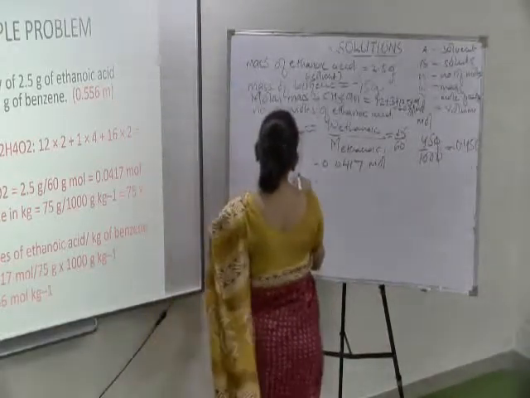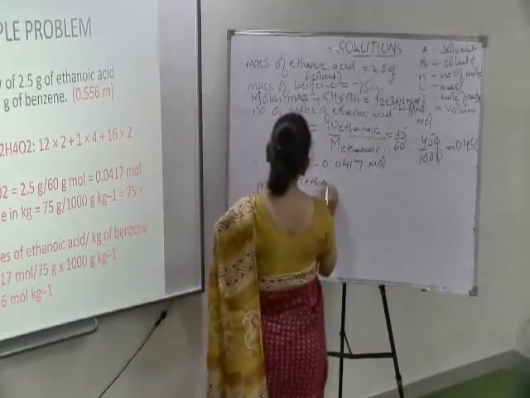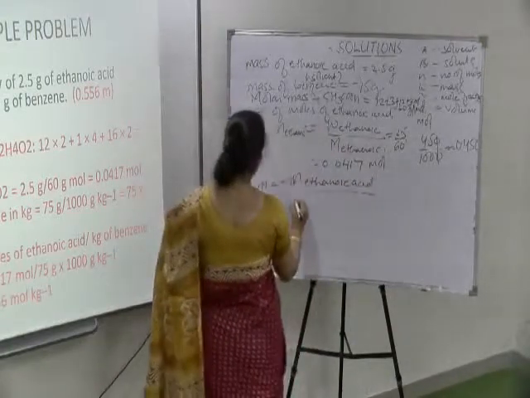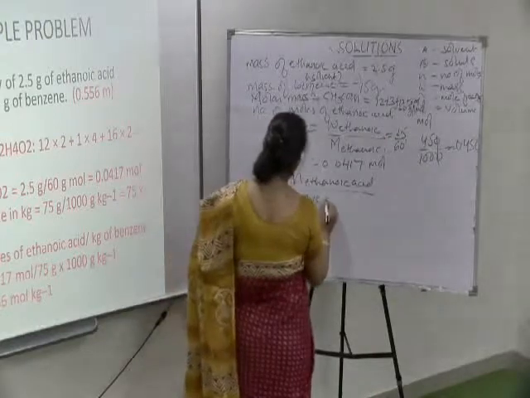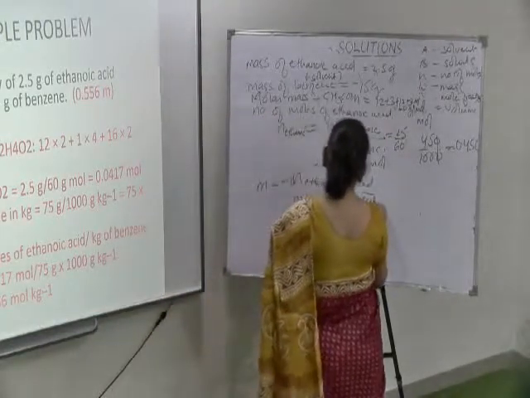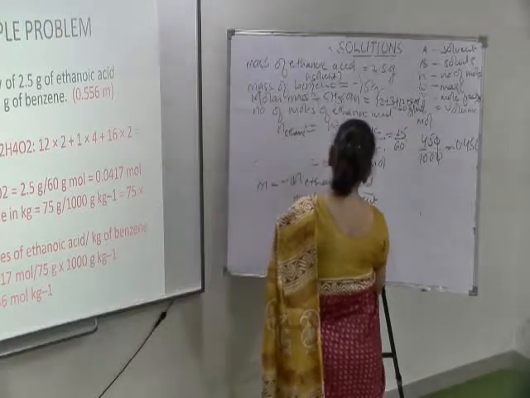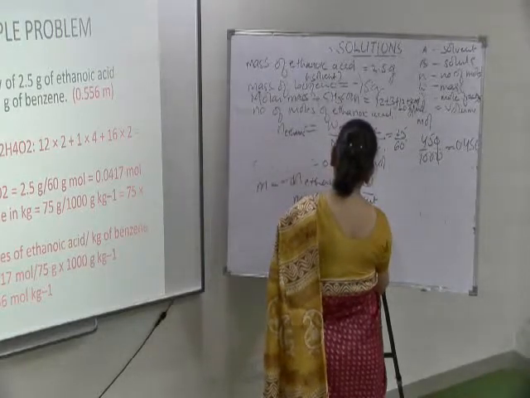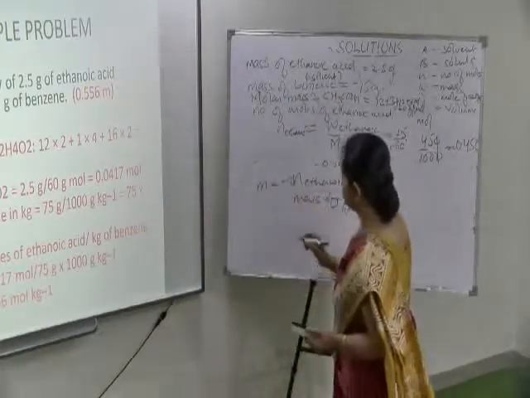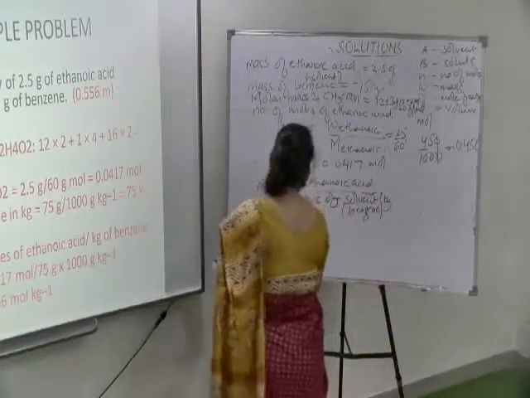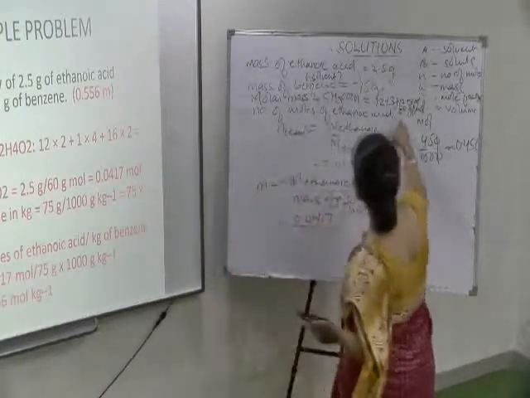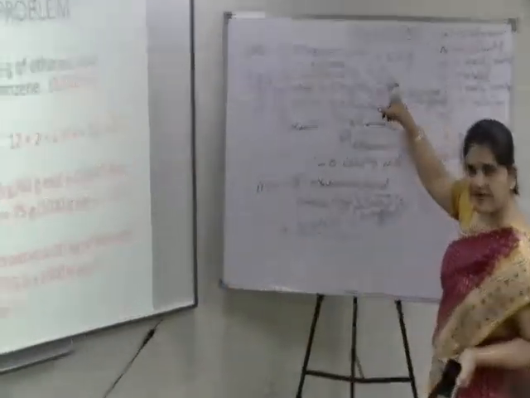So let's substitute the value. Molality is given by the number of moles of your ethanoic acid upon the mass of solvent, that is benzene in this case, in kg. So if you substitute the value, the number of moles of ethanoic acid is 0.0417. Mass of the solvent is 75 grams.